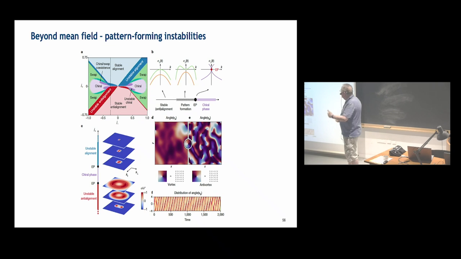Okay, so then lastly, let me talk about what might happen beyond mean field. I already told you that you can just numerically find pattern-forming instabilities in these systems. It's hardly surprising for a nonlinear dynamical system that it does that. Sometimes these mask the exceptional points, but not entirely.